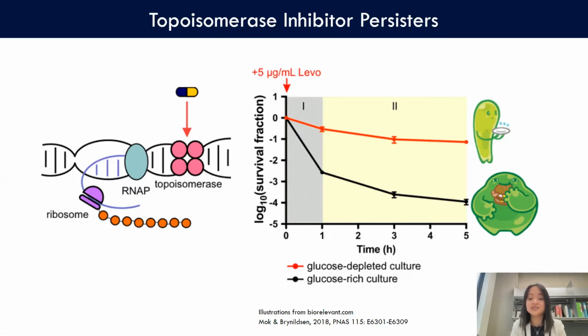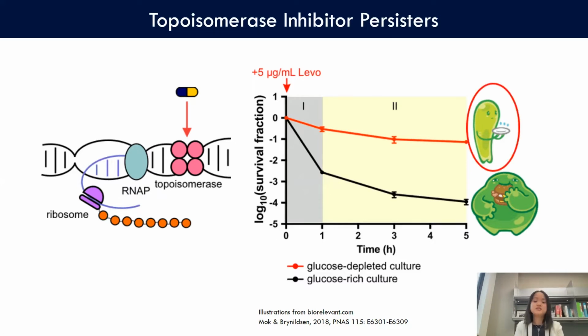And we also see that when we treat a population that is growing in the presence of glucose, this drug can reduce the survival by about 3 to 4 orders of magnitude. But if we take a population that has been starved of glucose, and so they're in a slower or non-growing state, as you can see in the red curve there, we see that the drug can still kill about 90% of the population, but the survival and persister levels is much higher compared with what we had seen in the growing culture that was in a glucose-rich environment.